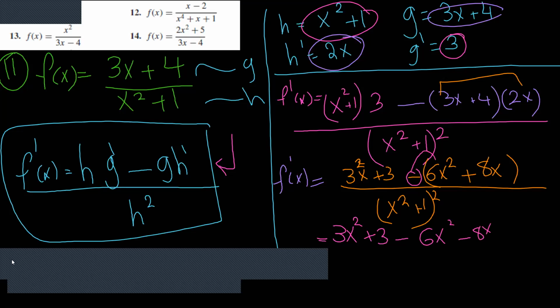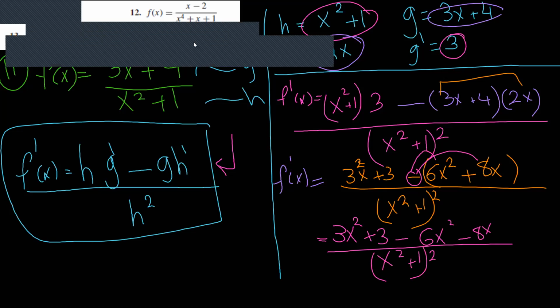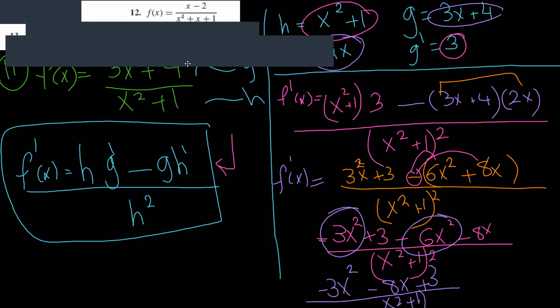You have to multiply this negative into two terms, over x squared plus 1 squared. Then 3x squared minus 6x squared is negative 3x squared, minus 8x plus 3 over x squared plus 1 squared. Or I can write it also as 3 minus 3x squared minus 8x over x squared plus 1 squared.